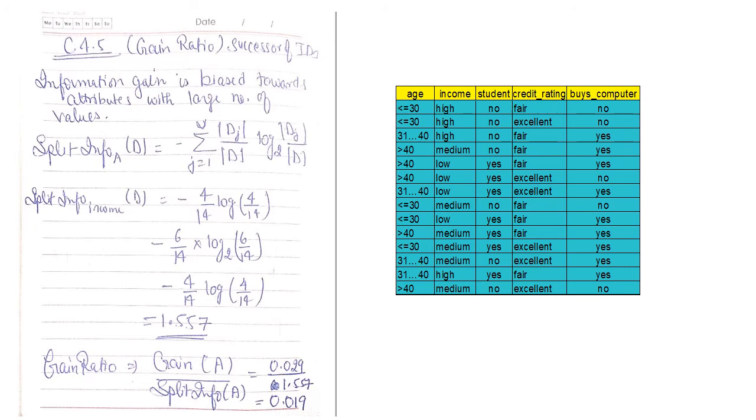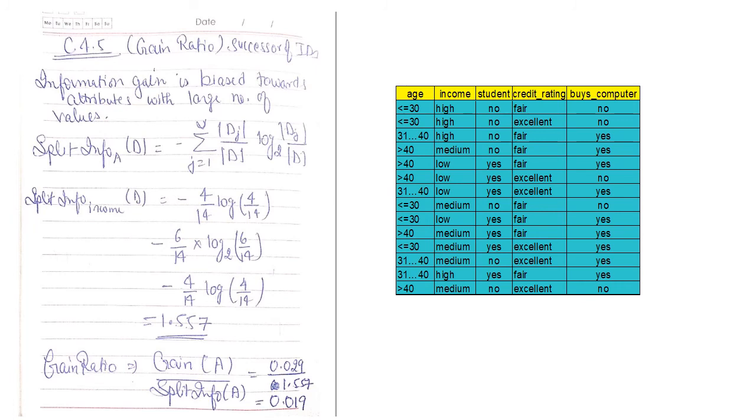When we calculate gain ratio, we simply divide gain of A upon split info of A. For income, our gain was 0.029 and split info we calculated as 1.557, which gives us the value 0.019.